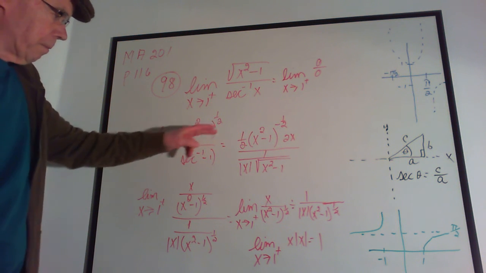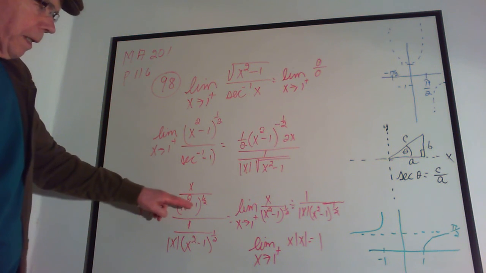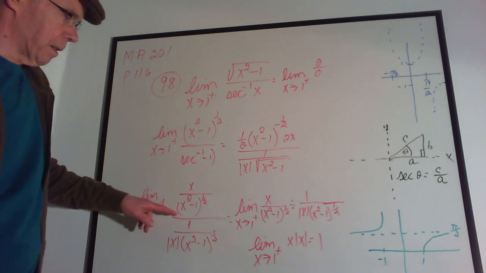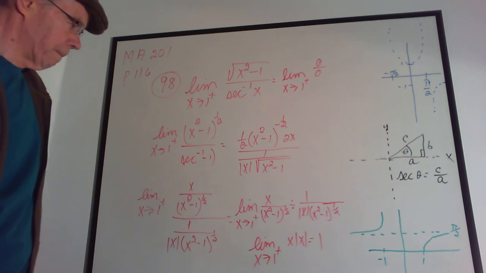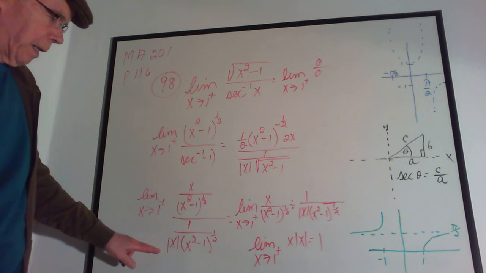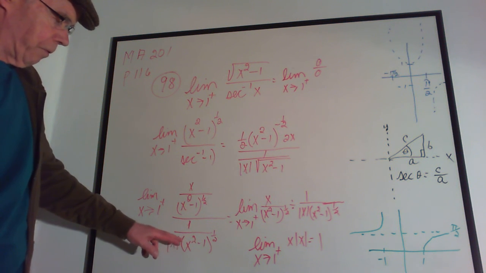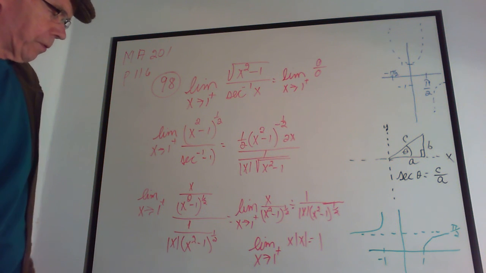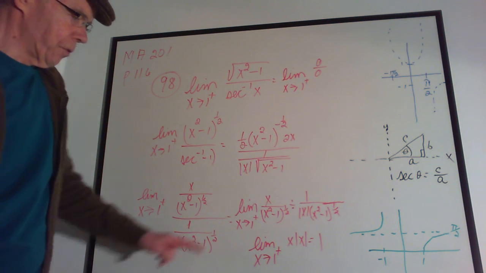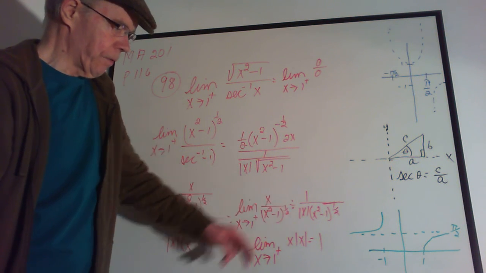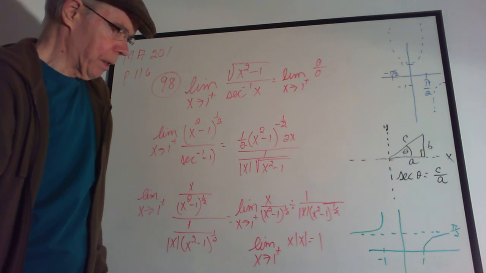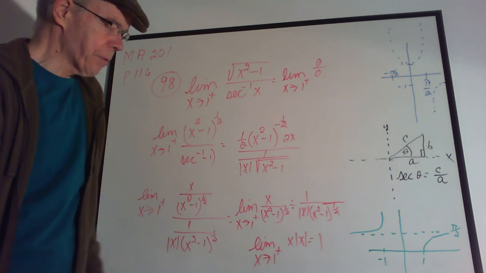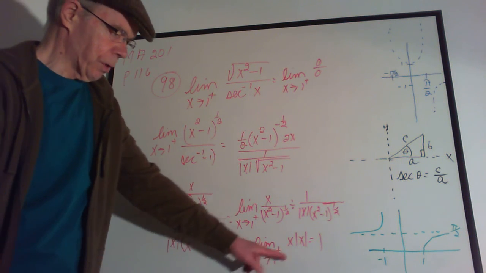So this becomes x over x squared minus 1 to the 1/2, the 2's will cancel, divided by 1 over the absolute value of x times x squared minus 1 to the 1/2. So when you do the division, you're going to invert it, and the x squared minus 1 to the 1/2 will cancel. You'll end up with x times the absolute value of x, which will give you 1.